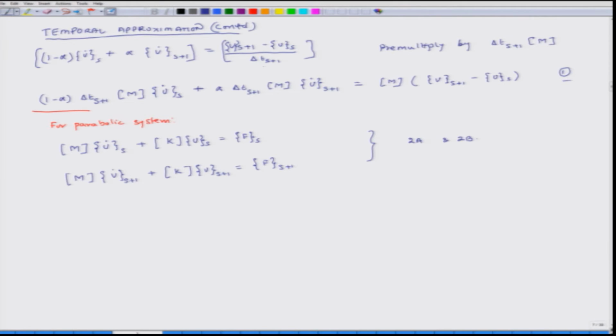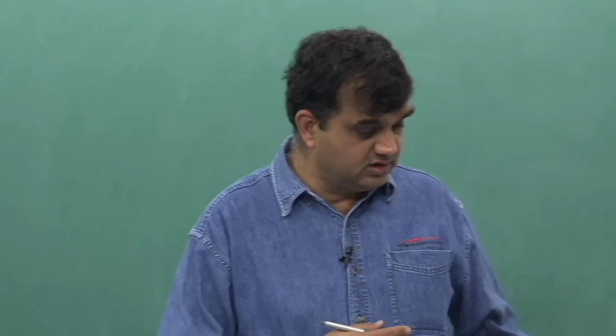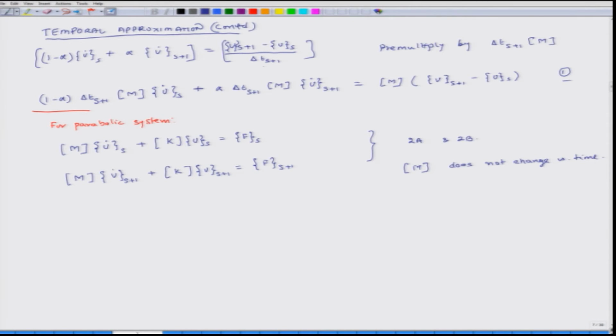The other thing is we note that this M, here we are assuming that M does not change with time. That is what we are assuming, because typically in a lot of systems M represents the mass. So the mass of the system does not change, at each element level also, with time. The stiffness may change, but mass does not typically change. So what we do is we put equations 2a and 2b in the left-hand side of equation 1.